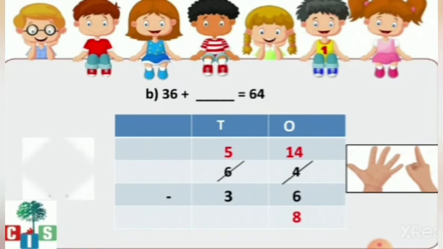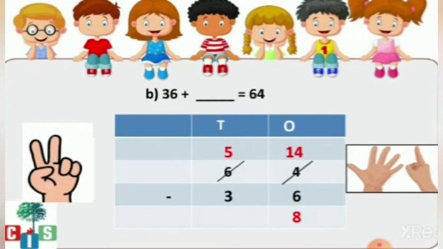So open your 5 fingers and close your 3 fingers and see how many fingers are still open. There are 2 fingers still open, right? So 5 minus 3, you will get the answer 2. Okay, so you got the answer 28. So the number which was missing over here is 28.